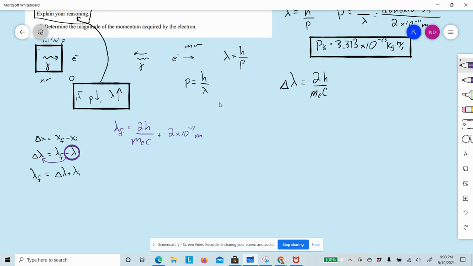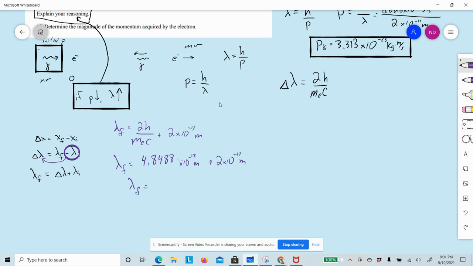So basically we're getting this. And the final equals 4.8488, a bunch of other numbers, times 10 to the negative 12 meters, plus 2 times 10 to the minus 11 meters.